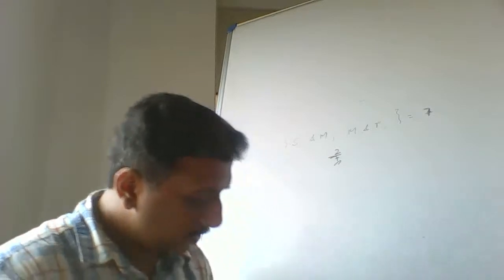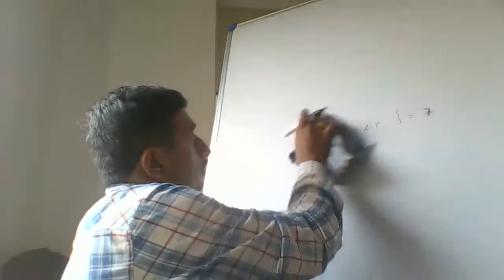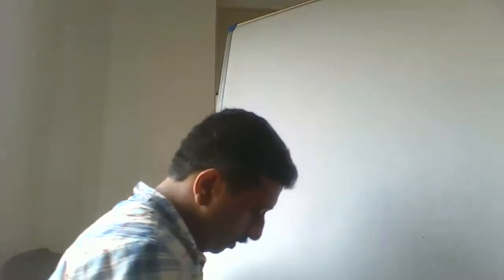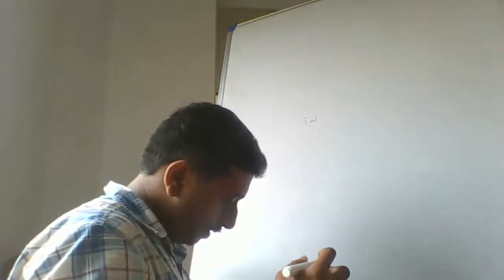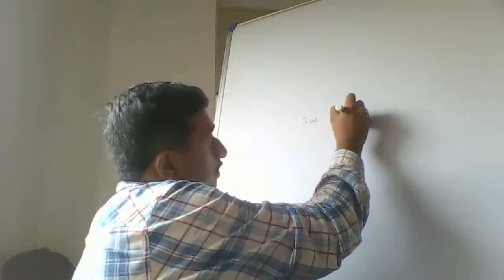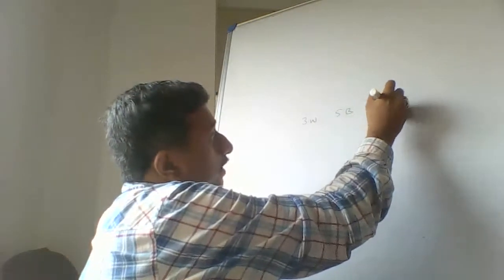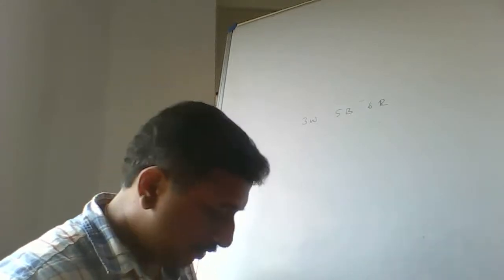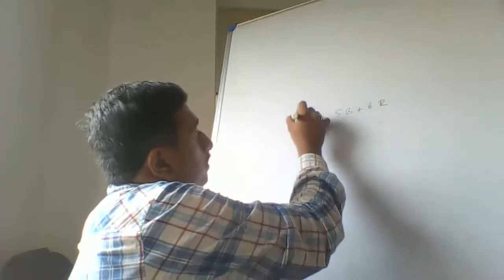Now, I have a box which contains 3 white, 5 black and 6 red balls. This is placed in the box nicely.